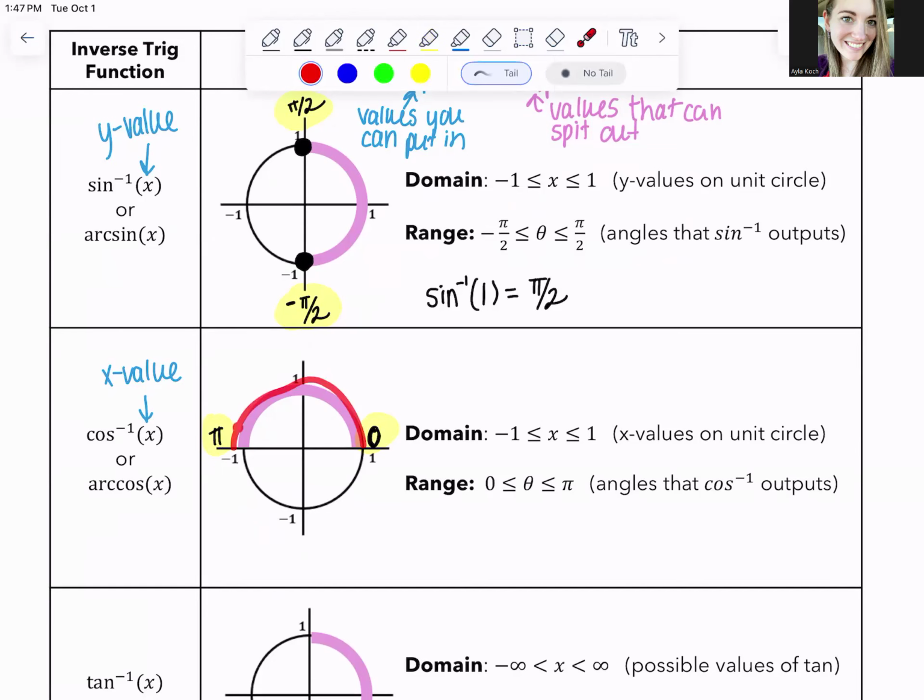We go from 0 to pi because all of the x values between -1 and 1 are covered by some angle in that range. And we want to make sure it's only covered once. The domain is the same as sine inverse. Range, again, is 0 to pi instead of -pi/2 to pi/2.